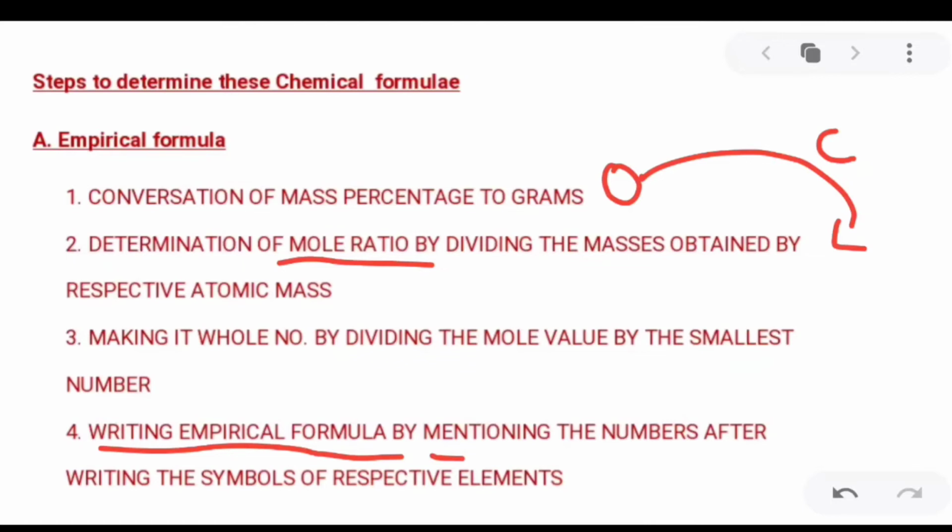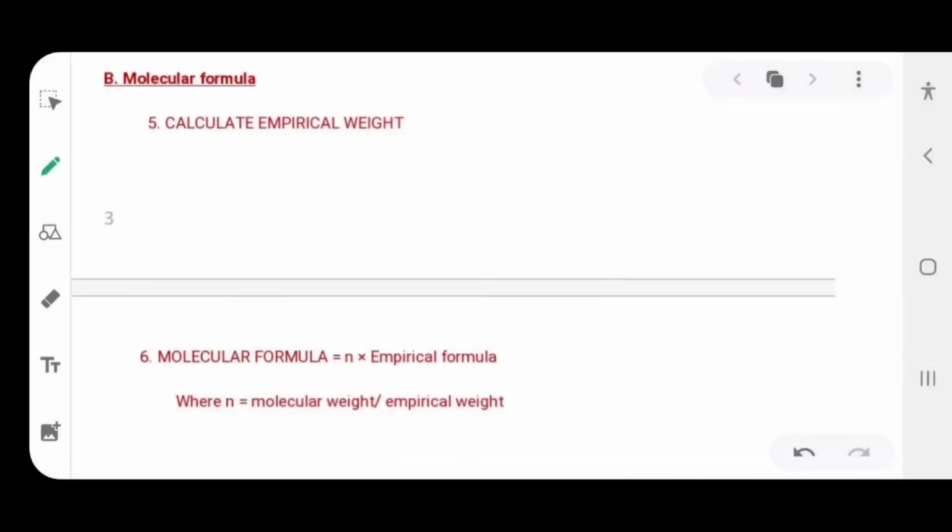Okay, now let's see how to calculate the molecular formula. The first step is to calculate the empirical weight, which is calculated with the help of the empirical formula. The next step is to find N. Now what is N?